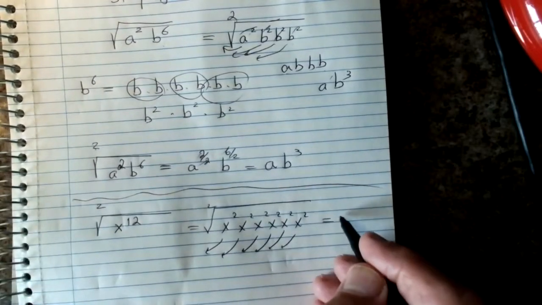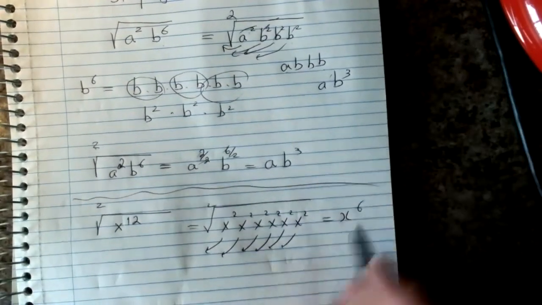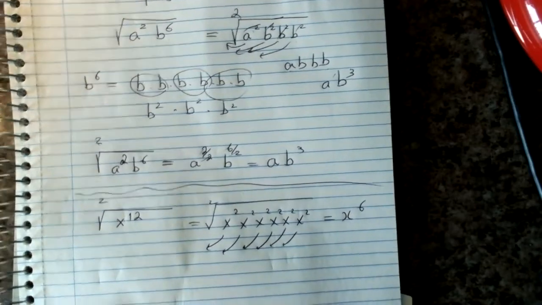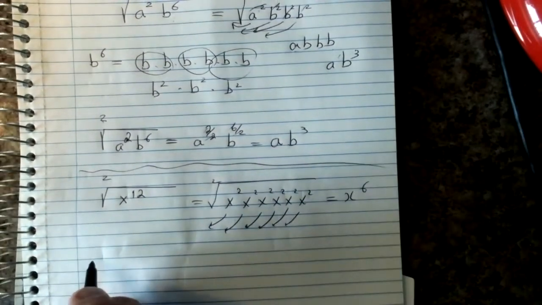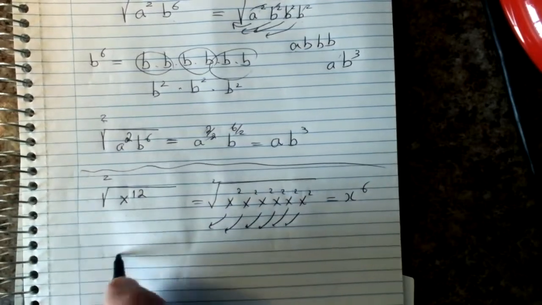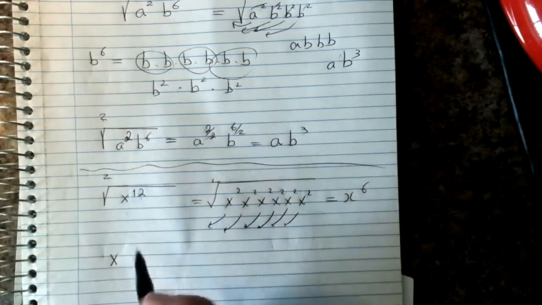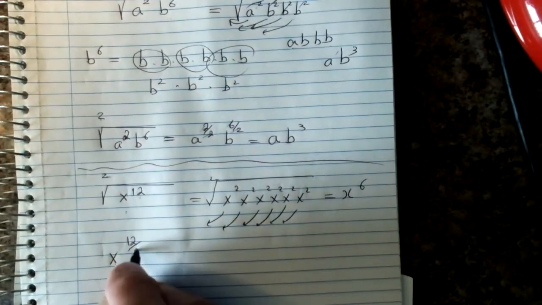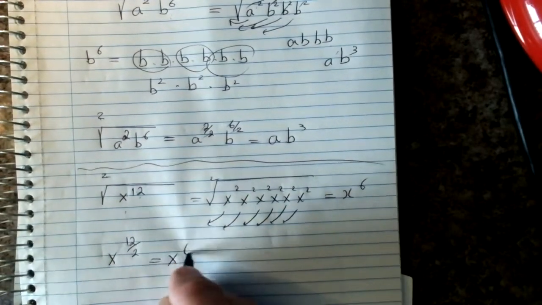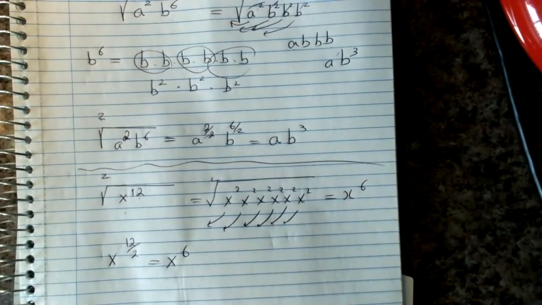So it would be x to the power of 6, right? Or just write the base x, and then 12 divided by 2. Take the exponent and divide by the root. So that would be x to the power of 6. I think it's easier if you do it this way.